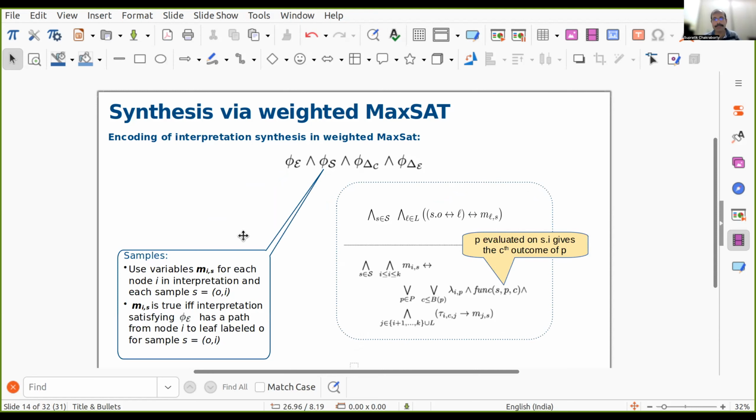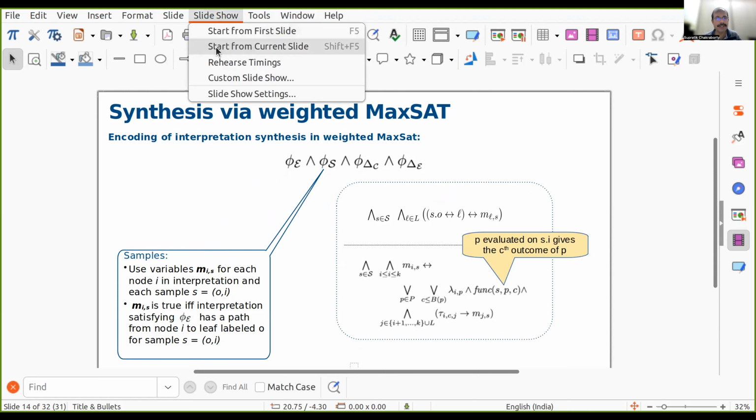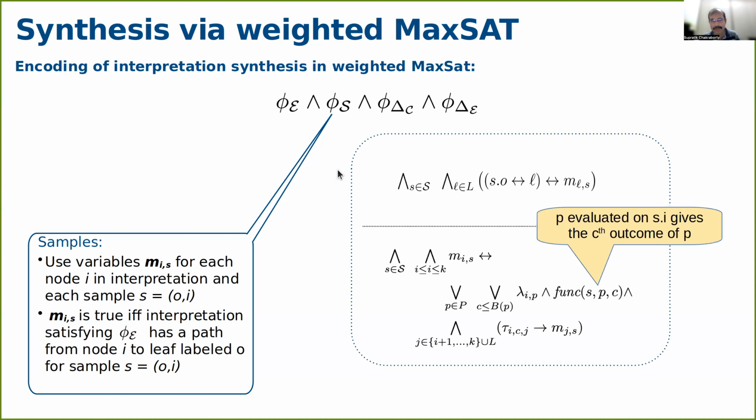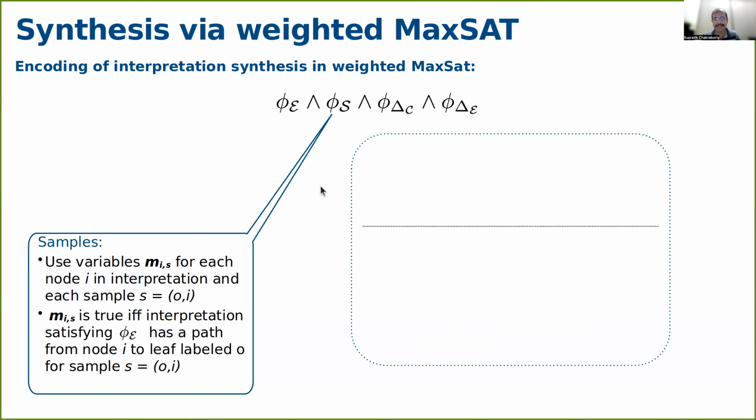And for the samples, for each sample and for each node, I will have a variable, which I call MIS. And remember, a sample is just an input-output pair.